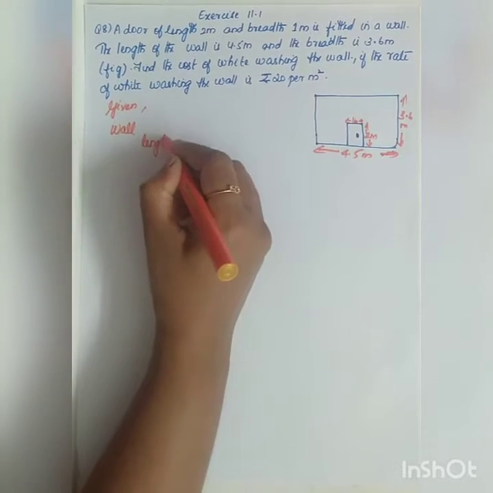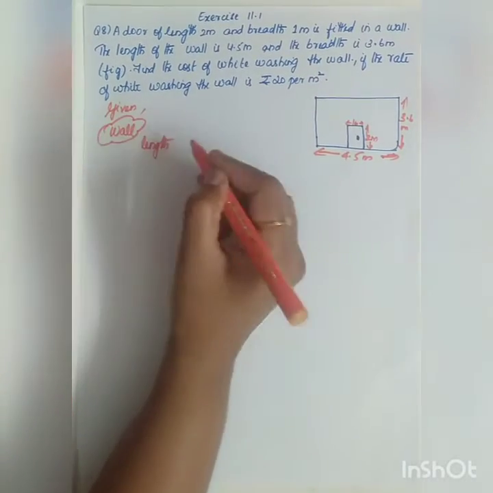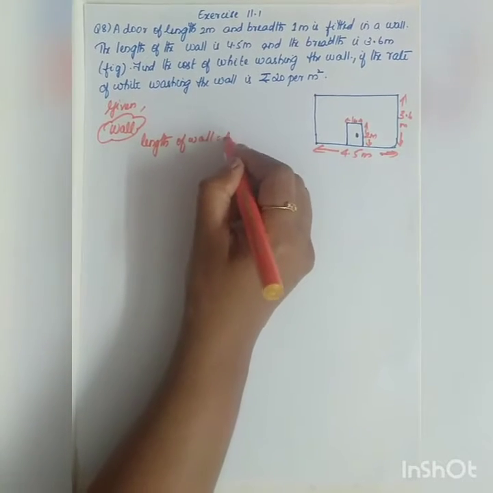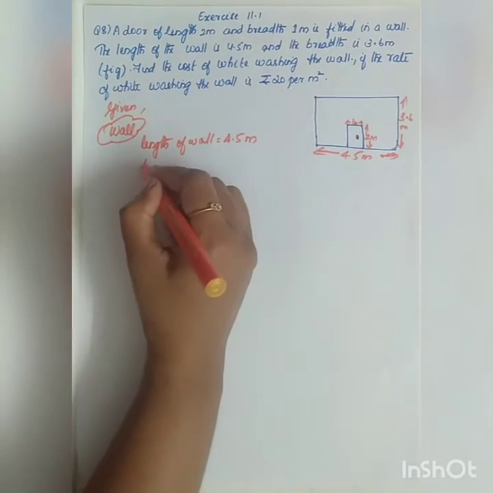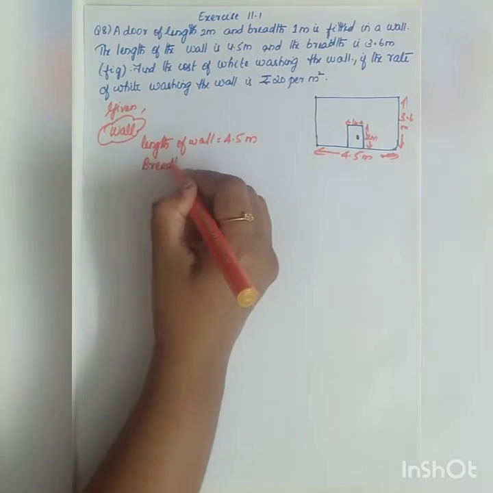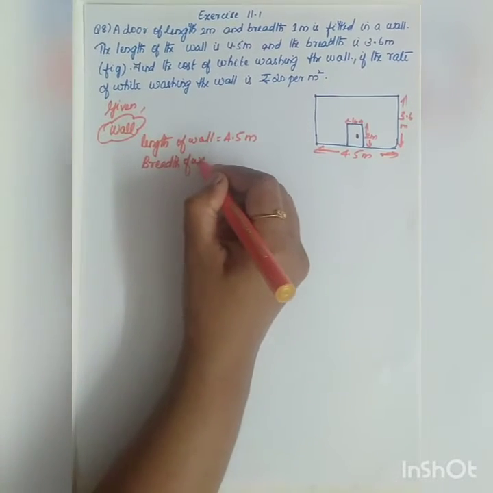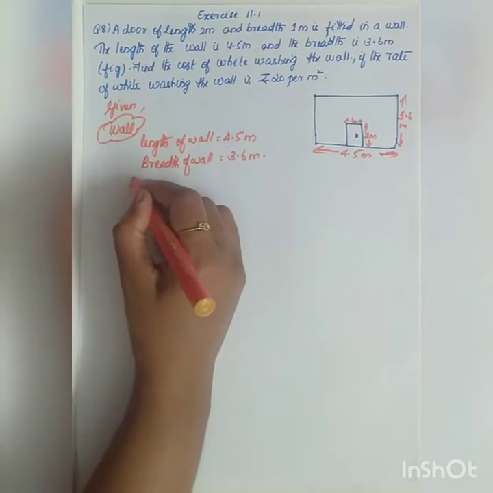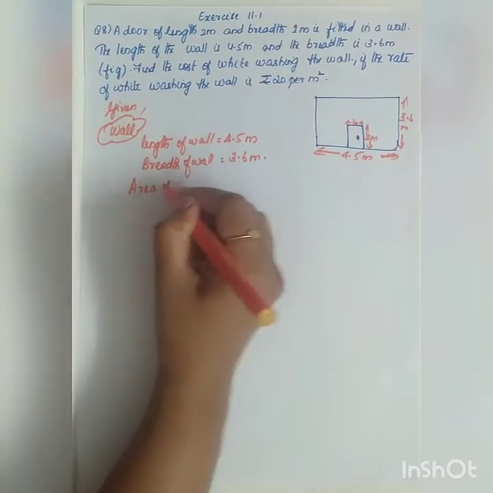Length of the wall is equal to 4.5 meter and the breadth of the wall is equal to 3.6 meter.